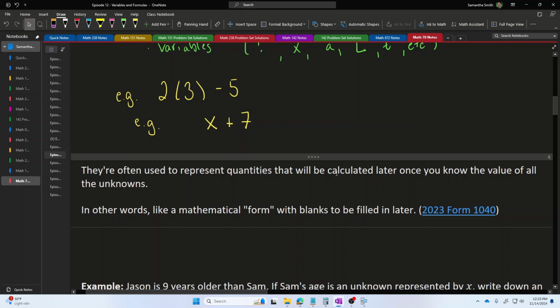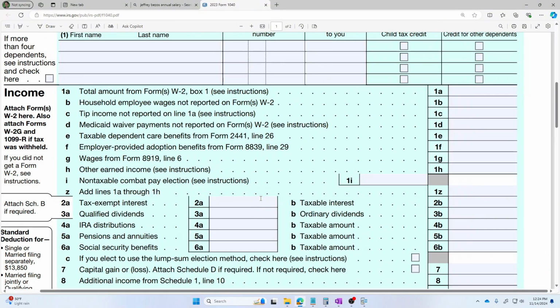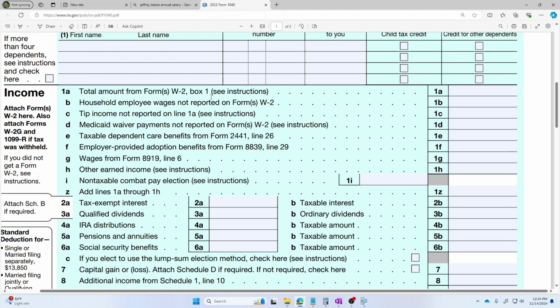And to give you an example of a real world quantity that I think is very closely related to an expression like this one, if you've ever had to look at a tax form, when you filled out a tax form, you'll see a bunch of instructions that look like this. They will have, okay, whatever you earned, put it into box 1. And then what other tips or stuff that you had, put it into a couple of other boxes. Now, we don't know how much you earned from your job. We don't know how much you got in your tips.